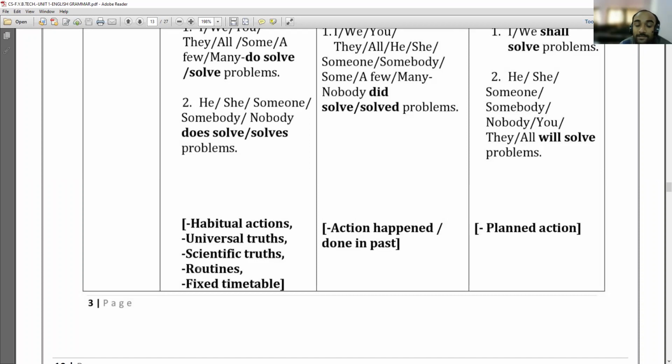So this is the scientific truth and we have to denote it with the present form of the verb. Then routines or fixed timetables.